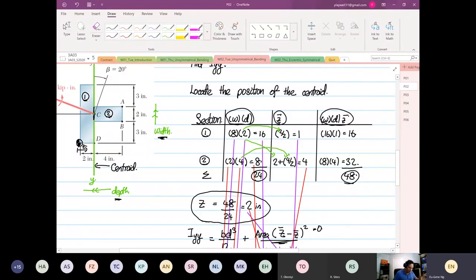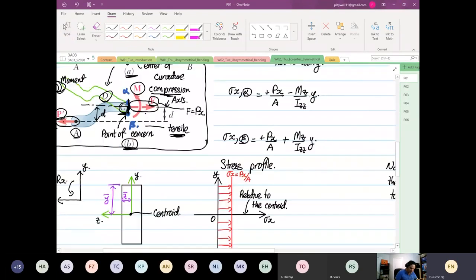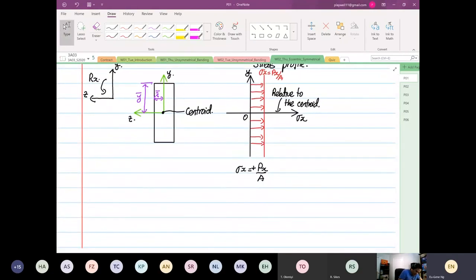Watch the video on this if you have forgotten. So coming back over here, the centroid is determined geometrically.